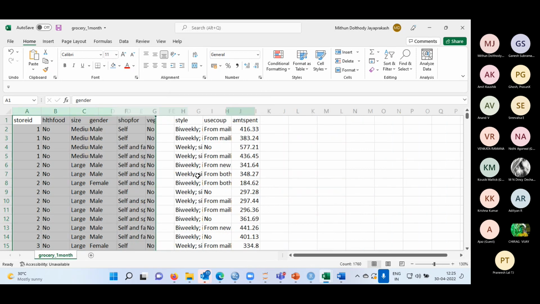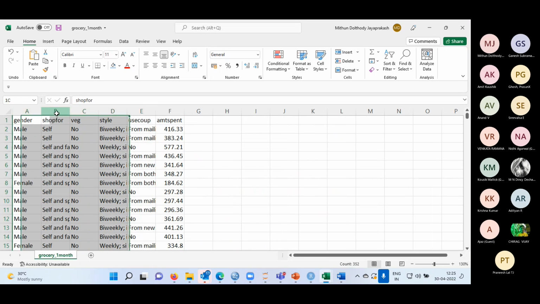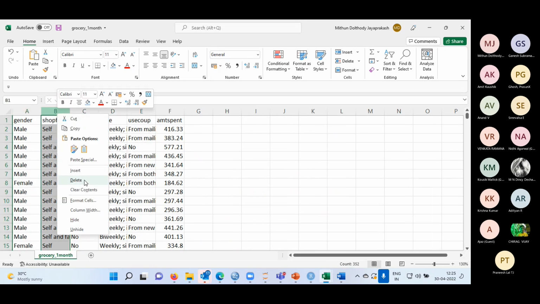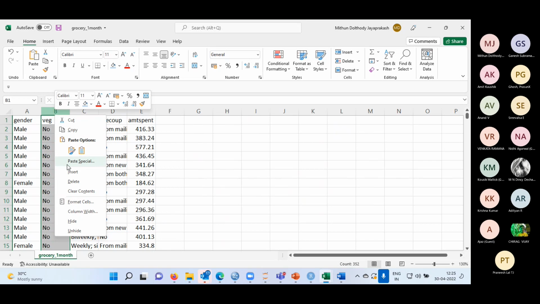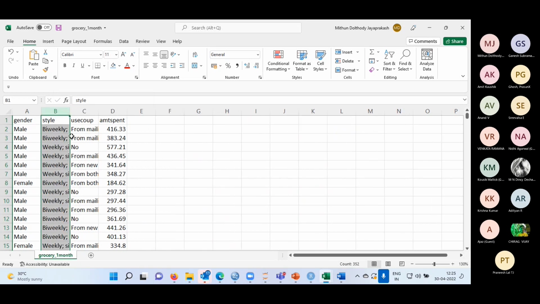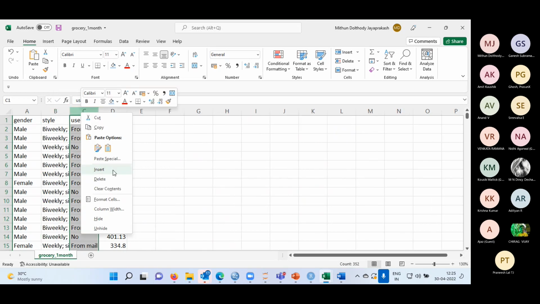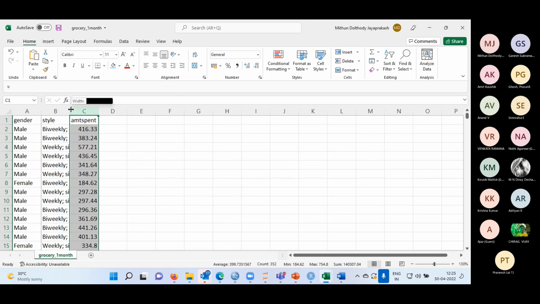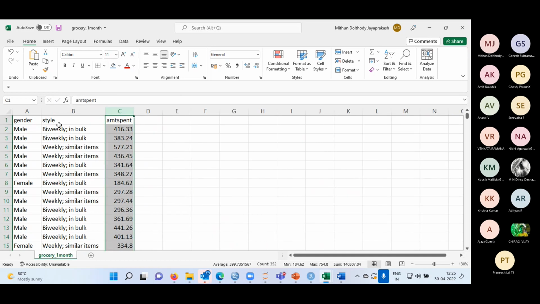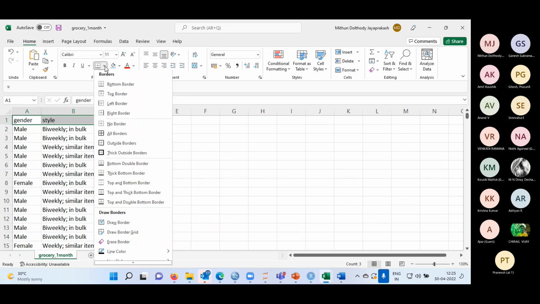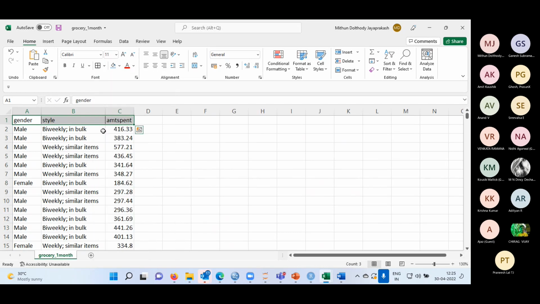What do you have? You have the variable gender. Delete this, everything I'm going to delete so that it's very easy for you to visualize. Imagine that I have only these. Are you able to see this, guys? So this is what we are trying to find out.